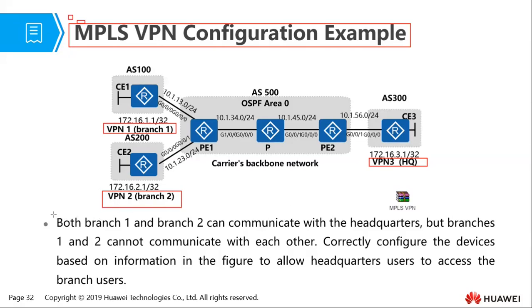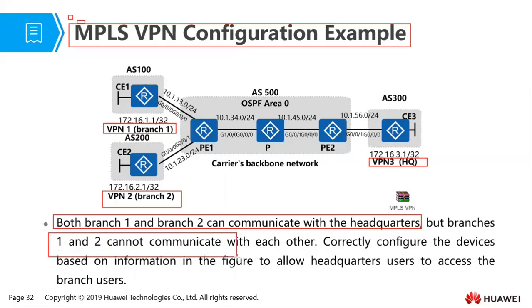What we want is that branch 1 and branch 2 can communicate with the headquarters, but branch 1 and branch 2 cannot communicate with each other. So we just want to create independent VPNs that are going to the headquarters.